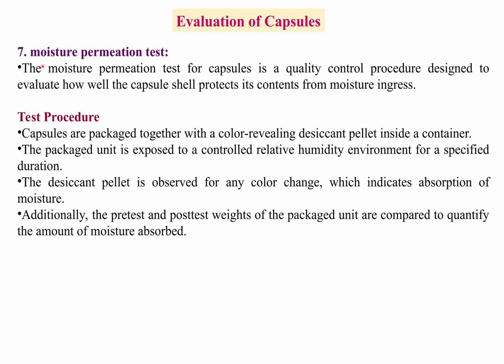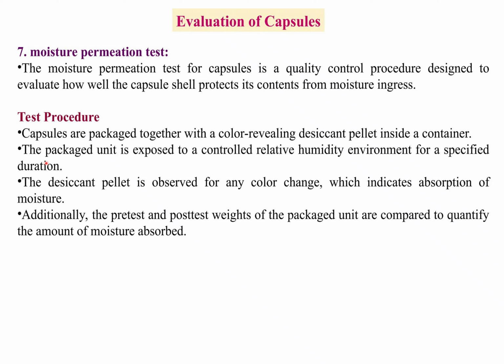The next one is moisture permeation test. The moisture permeation test for capsule is a quality control procedure designed to evaluate how well the capsule shell protects its content from moisture ingress. Test procedure: capsules are packaged together with color revealing desiccant pellets inside a container.